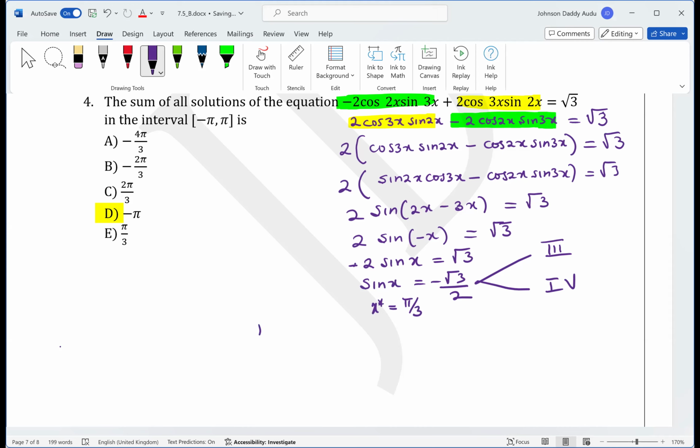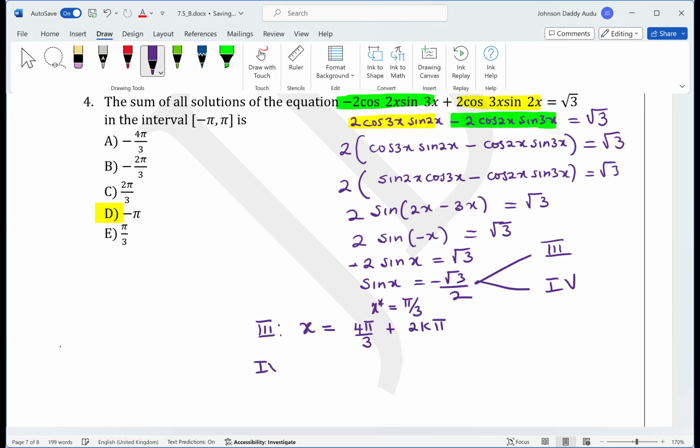If we are in the third quadrant, we just need to add pi to this, so this will be 4 pi over 3, then we add our 2k pi.